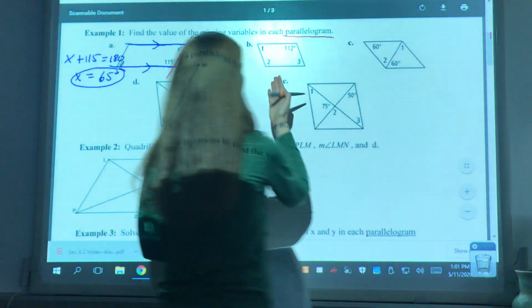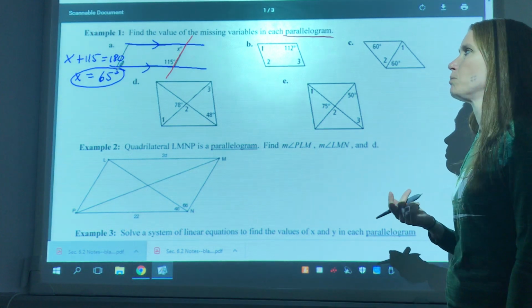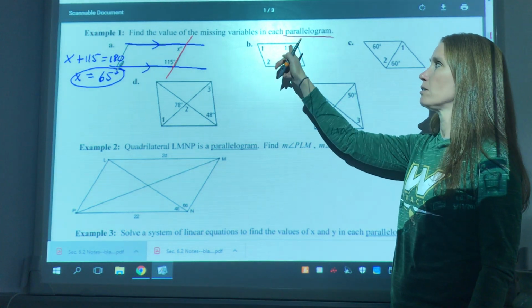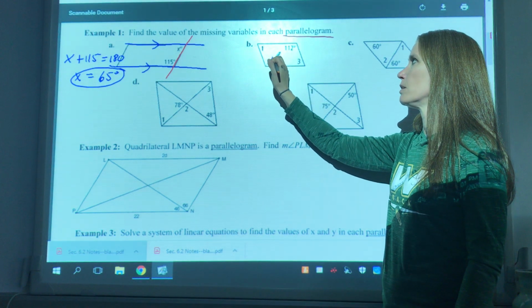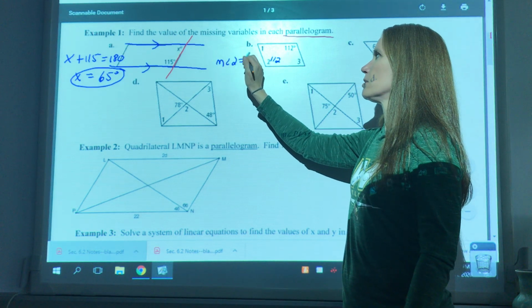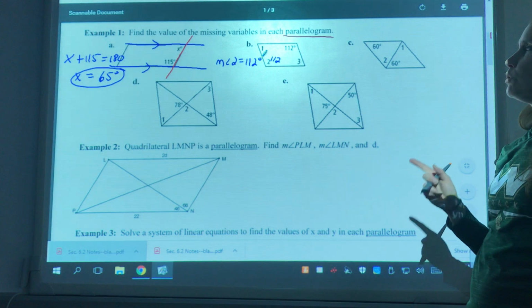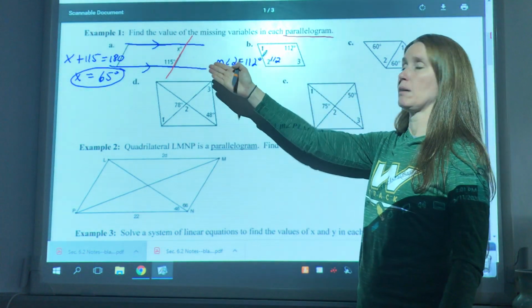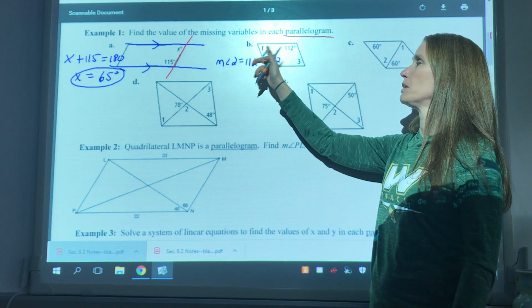All right, over here for B, there's different ways you might be able to start this. You might think, oh, okay, I know opposite angles are congruent to each other, so if that's 112, then this has to be 112. Okay, and I'm going to go ahead and write that off to the side, make sure you can see it. All right, and then for angle 1, I can use the same thing I just did on part A. I can use the fact that consecutive angles are supplementary.